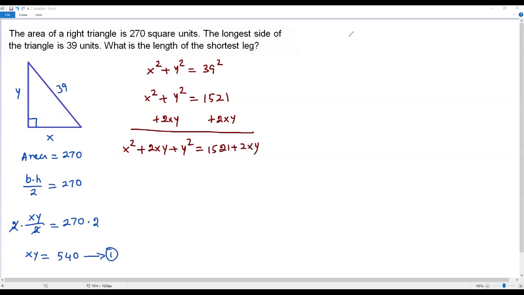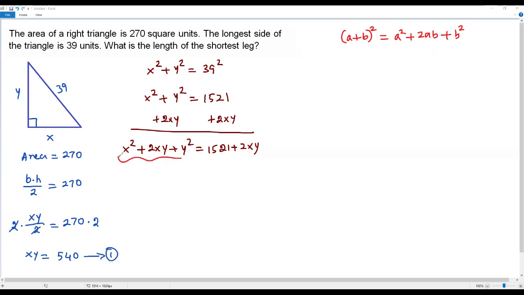Now let's consider one of the important and basic identities in algebra, the square of the binomial a plus b, the whole squared. Its expansion is a squared plus 2ab plus b squared. Now let's consider this trinomial, a squared plus 2ab plus b squared. Whenever we have a trinomial in this form, it can be written as the square of a binomial, that is a plus b the whole squared.